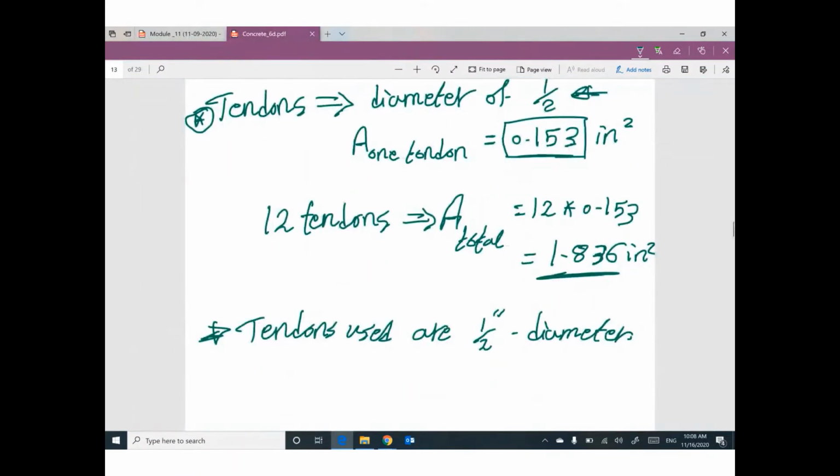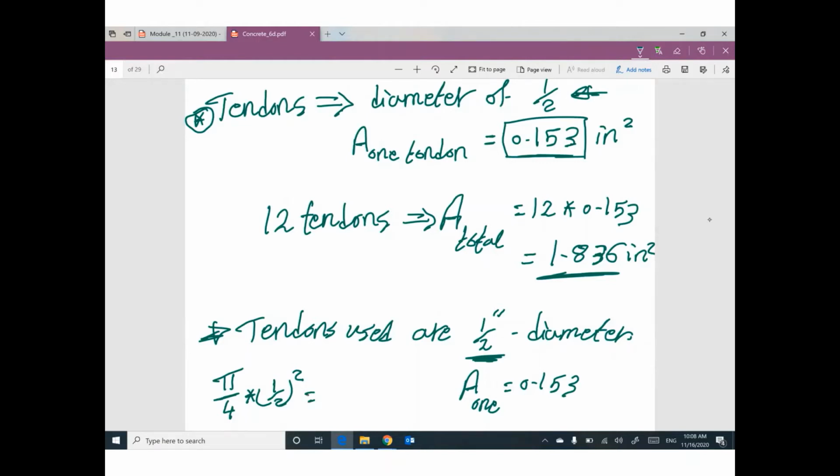You need to remember, for 1/2 diameter, the area of one tendon equals 0.153. Guys, it's wrong to say the area of one tendon equals pi divided by 4 times this diameter squared. If you did this, you will get a different number.